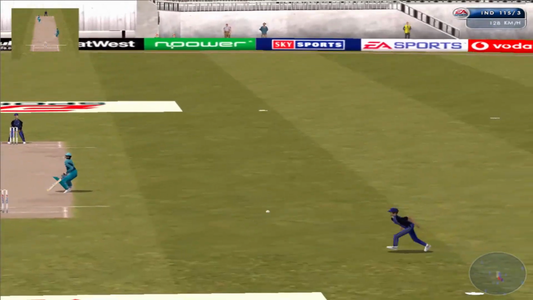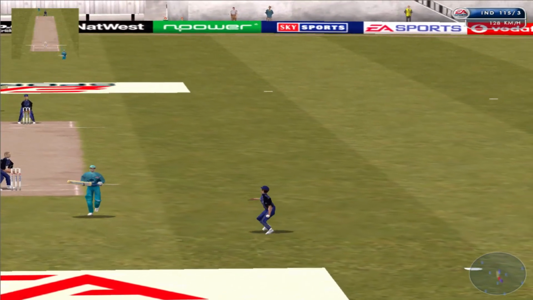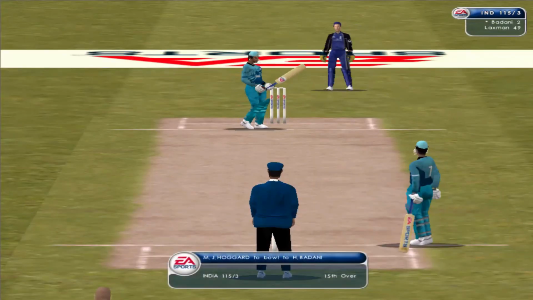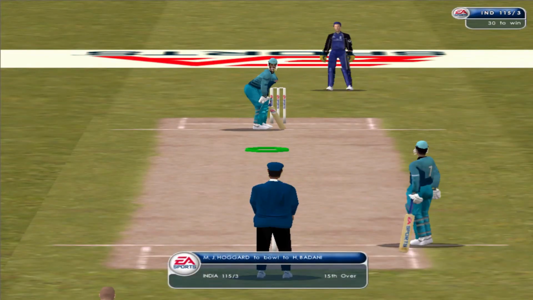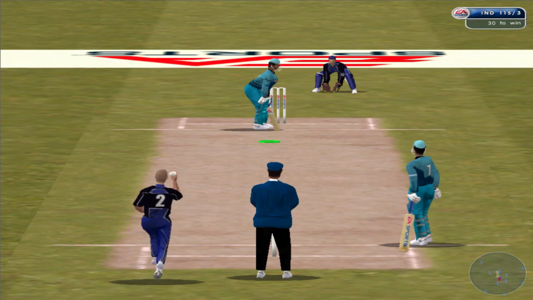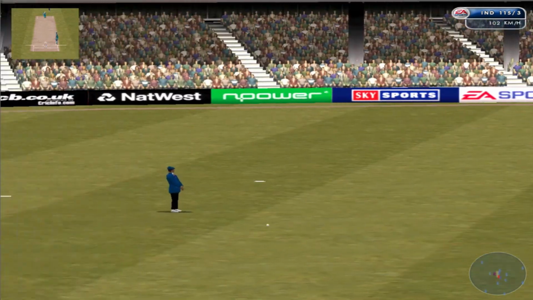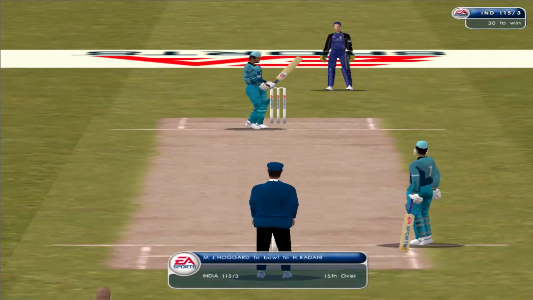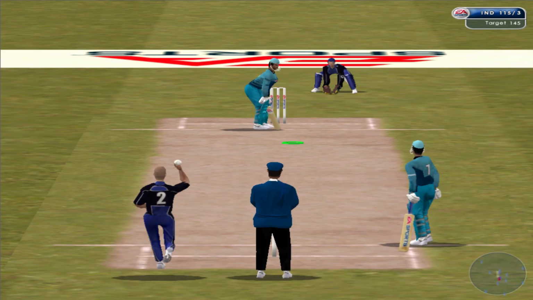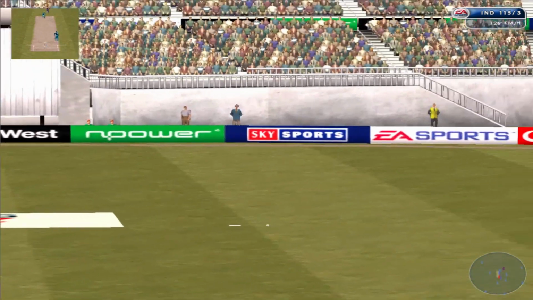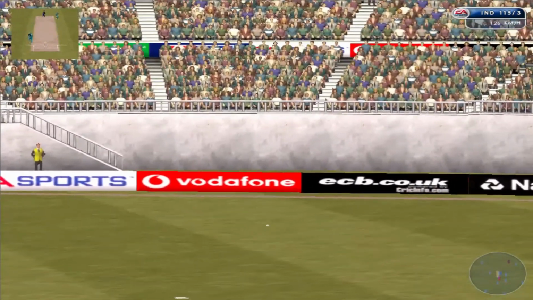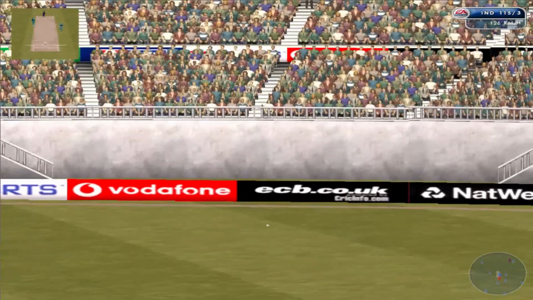It's high in the air, and he's got away with it. Hit straight to a fielder. He's worked that into the gap. The batsmen are coming back for a second.